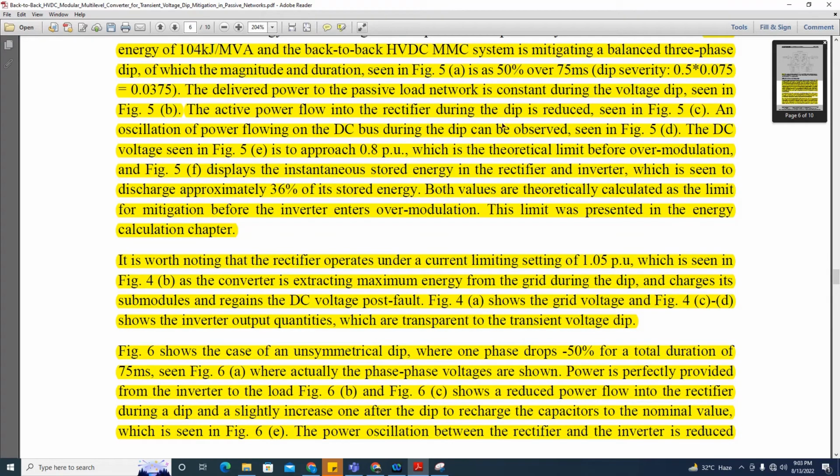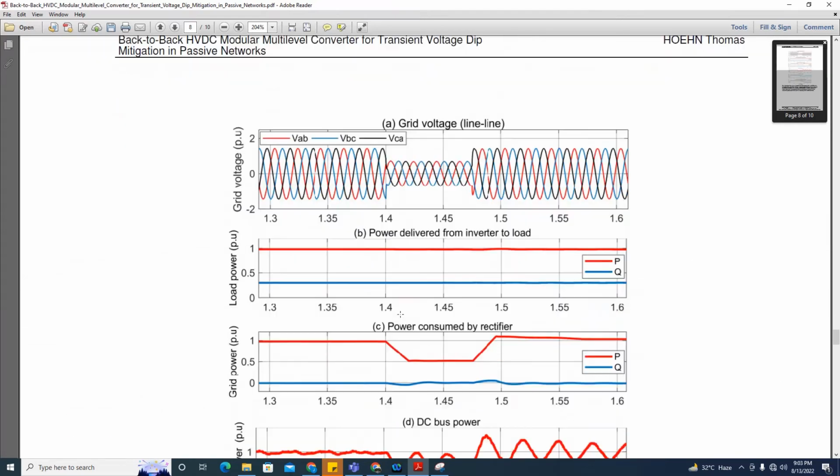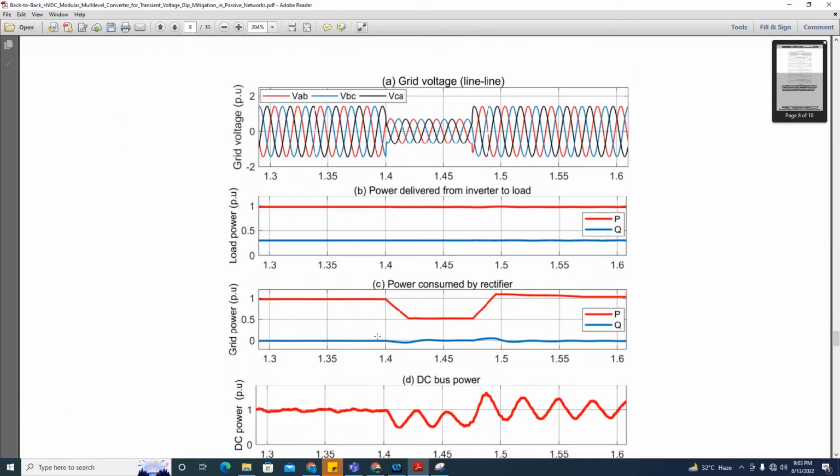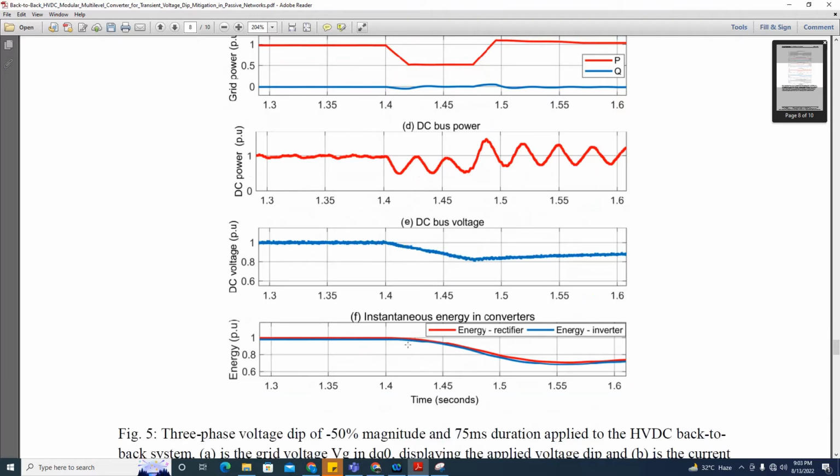Power flow into the rectifier during the dip is reduced. So when there is a dip in the grid, you see this active power flow will be reduced, and there will be a decrease in DC voltage, decreasing up to 0.8. Now the capacitor should discharge fast enough to ensure that this DC voltage does not go below 0.8 per unit, because if it goes below 0.8, then the inverter has to operate in overmodulation region.